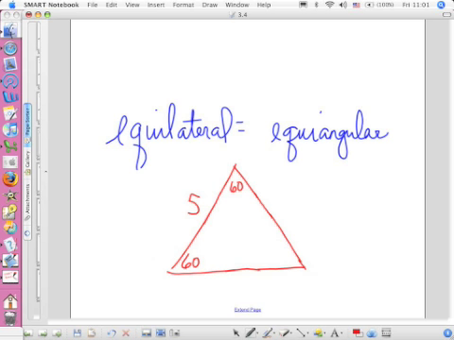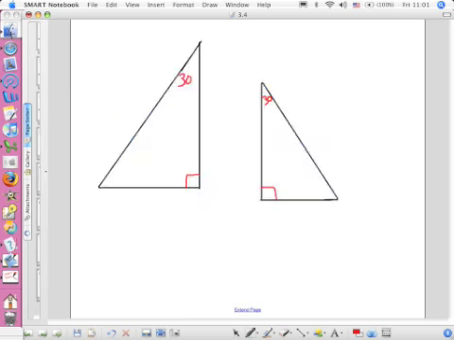Because if these 2 angles are 60, this angle has to be 60 to make my 180 degrees, which means it's equiangular. And if it's equiangular, then all the sides are also equal. So this is 5, and this is 5. So every equiangular triangle is also equilateral. Okay? All right, what's next?